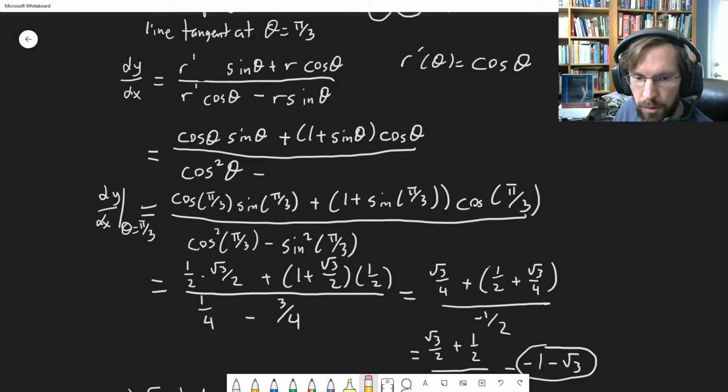So this was r cosine theta, r sine theta. r was 1 plus sine theta sine theta. There we go.